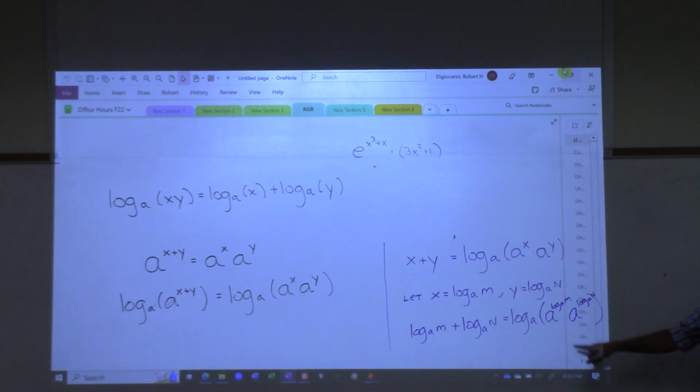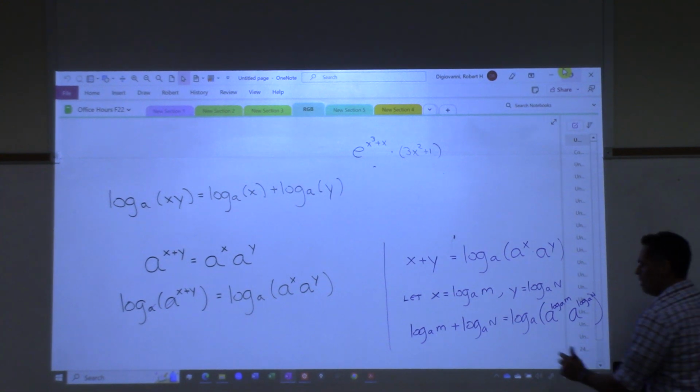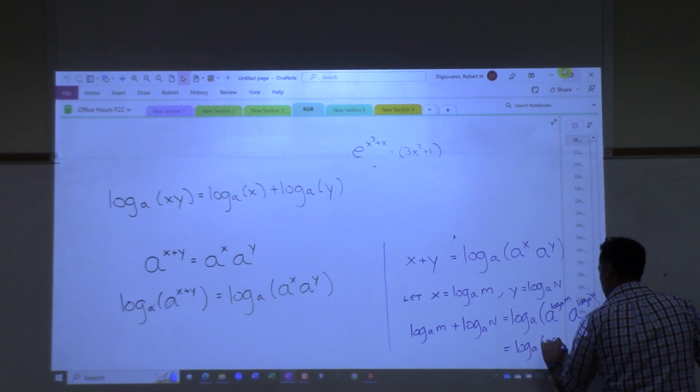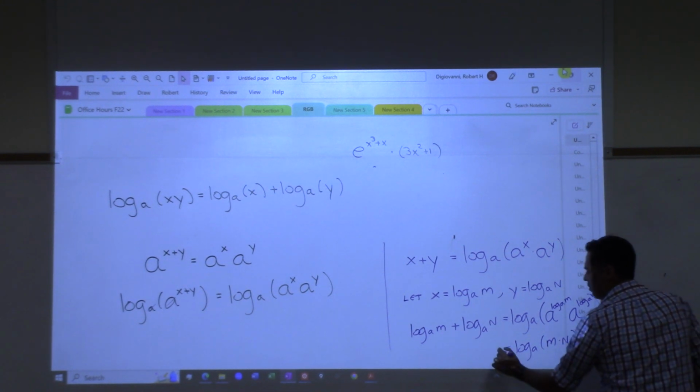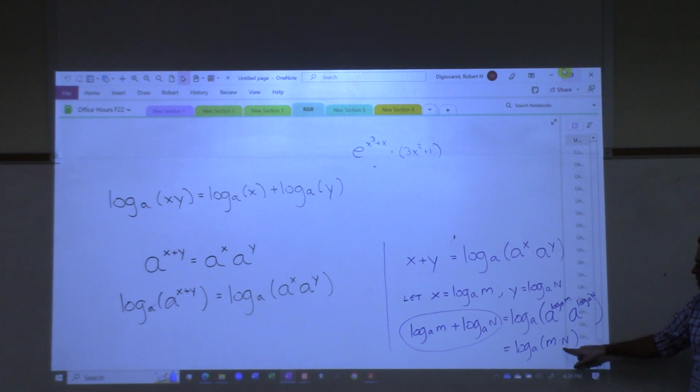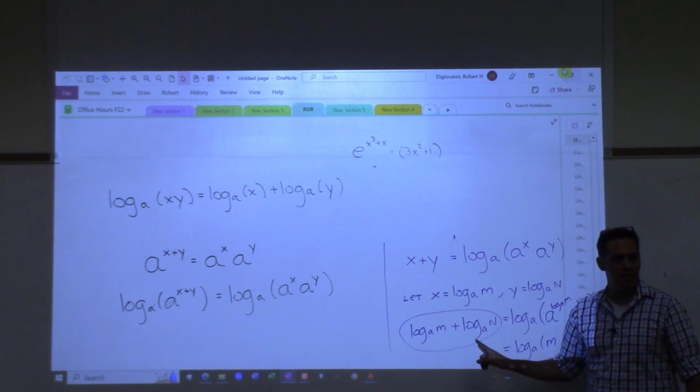What happens when I do a to the log base a of m? They cancel and I just get m. And here they cancel and I just get n. So this is log base a of m times n equals what? Log base a of m plus log base a of n. The product of these two things inside of a log equals the sum of the two logs individually.